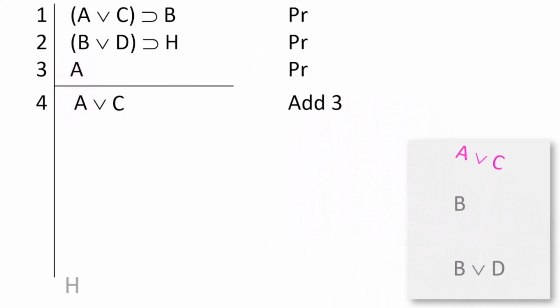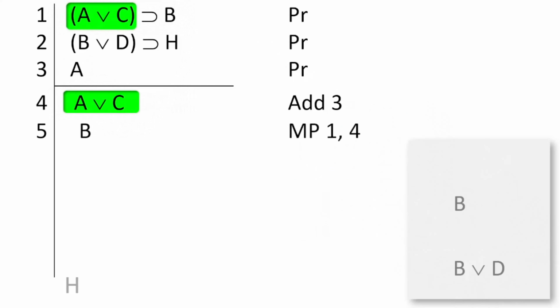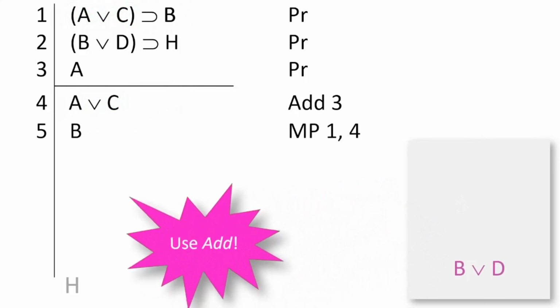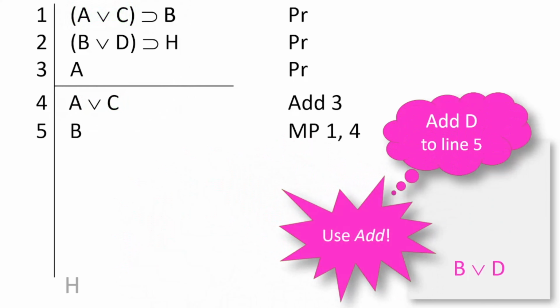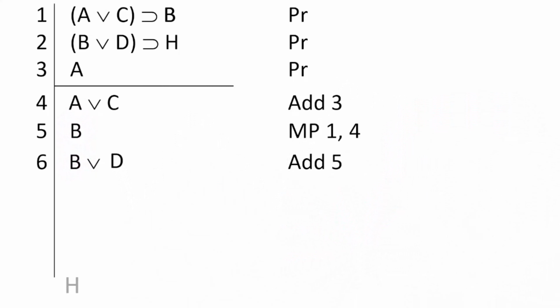We got our first subgoal, and now we can get our next subgoal, B. We can match the antecedent of the conditional in line 1 to obtain the consequent, B. Now that we have B, we can add anything we want to it, in particular D. It's D that we want to add. We can now match the antecedent in premise 2 to obtain the consequent H, which is our conclusion.